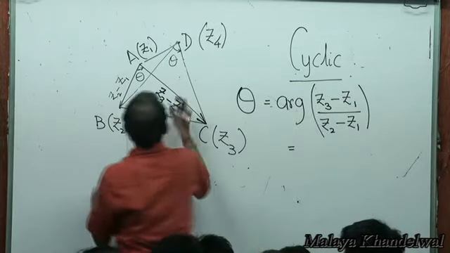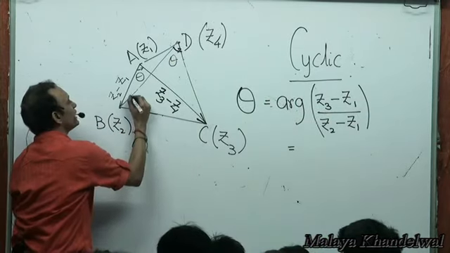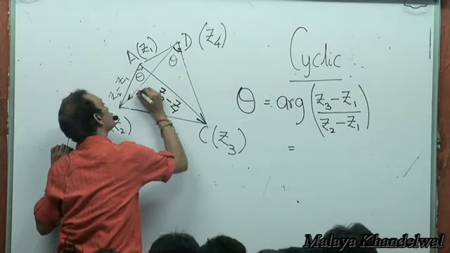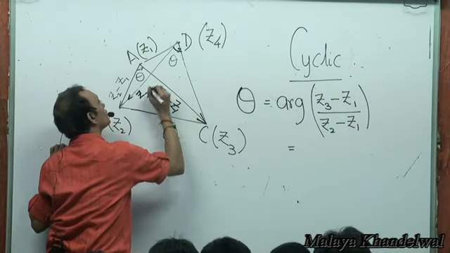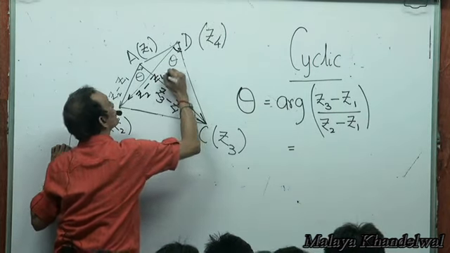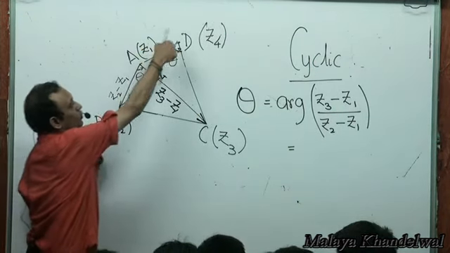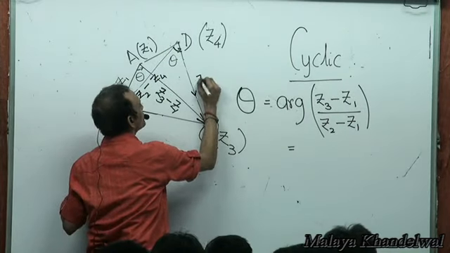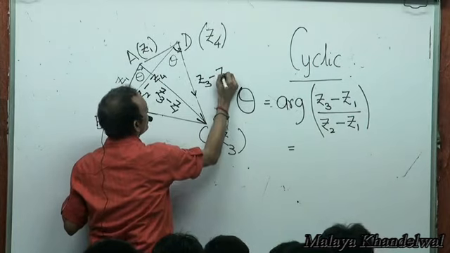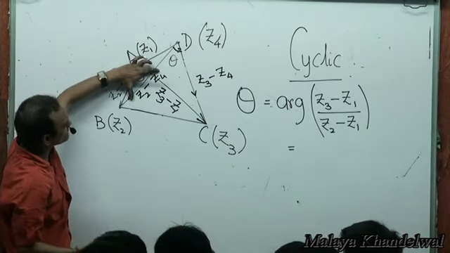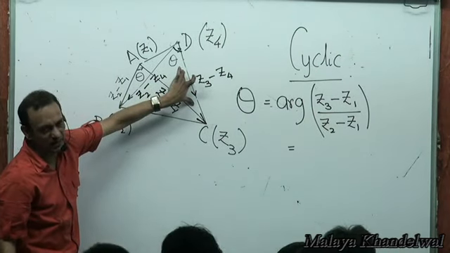Now, the same theta is obtained when you rotate this vector, Z2 minus Z4, so that it coincides with this vector, Z3 minus Z4.